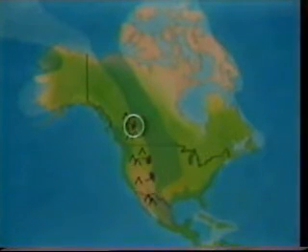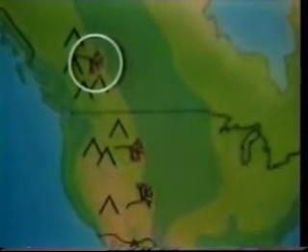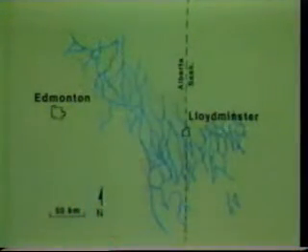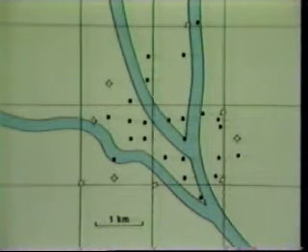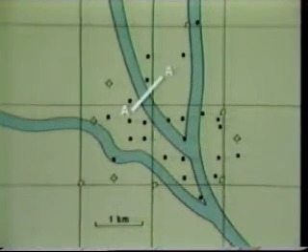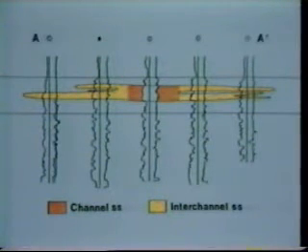For our first example, let's look at a Cretaceous fluvial channel system mapped from well data near Lloydminster on the Alberta-Saskatchewan border in western Canada. Looking more closely at this channel system, we see the strong dendritic pattern to these channels. When we go to a cross-section through one of these channels, we see that sands are discontinuous, with individual bodies being less than 30 meters thick.